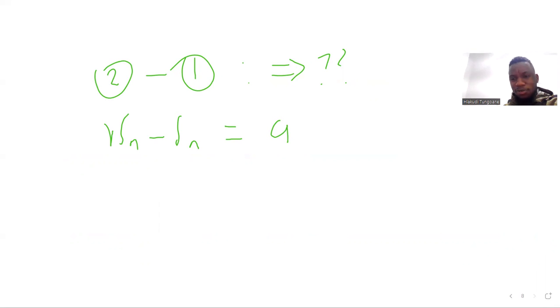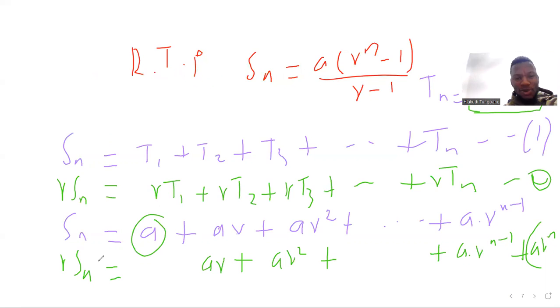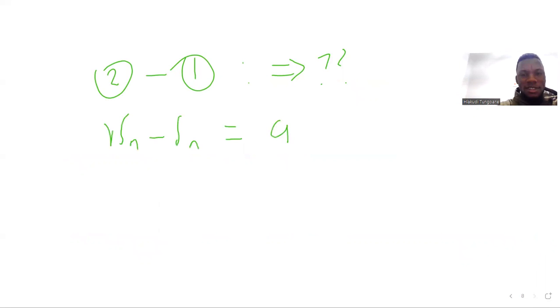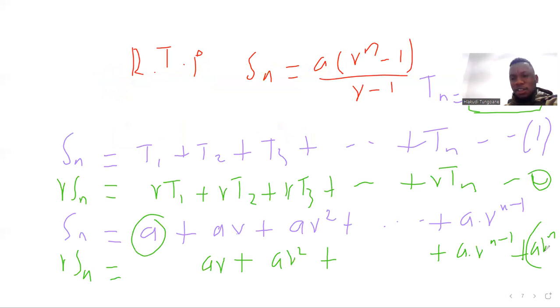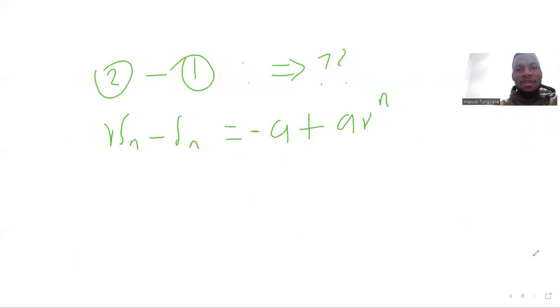So you have A, you are taking this and you minus it, so essentially it's going to be 0 minus, so you're going to have minus A, plus A R to the power of n, because this is the only last term that is left there. So this is very interesting. This is what the 2 equations simplify to if we minus them.